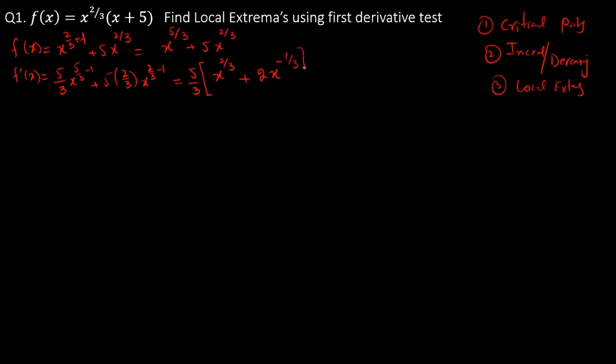So we can also write this in the form of x power 2 by 3 plus 2 by x power 1 by 3, since when we move this into the denominator, the power will become positive.